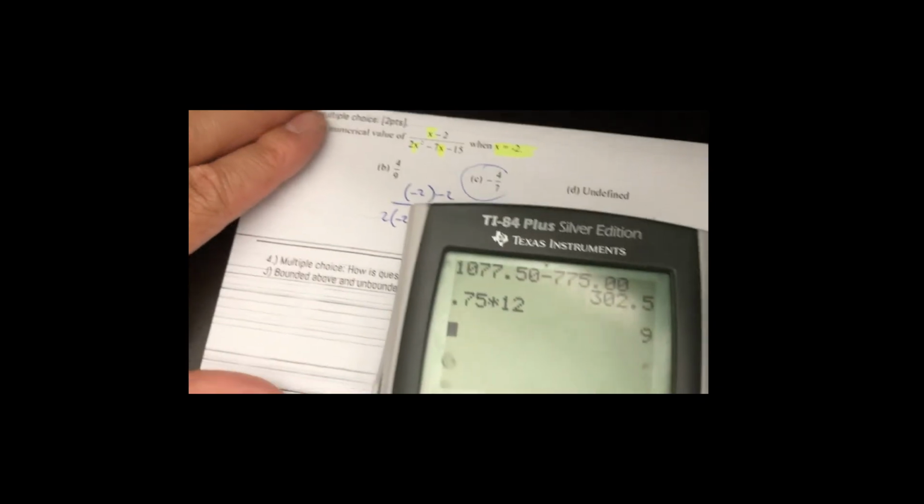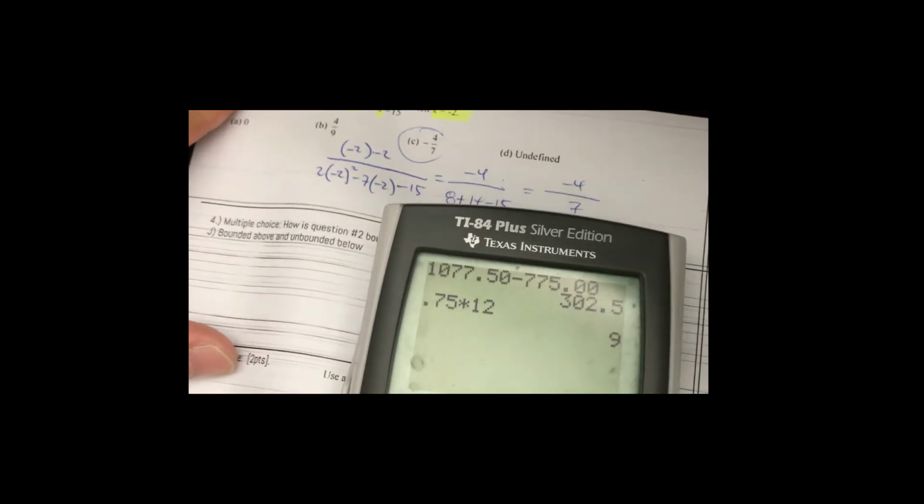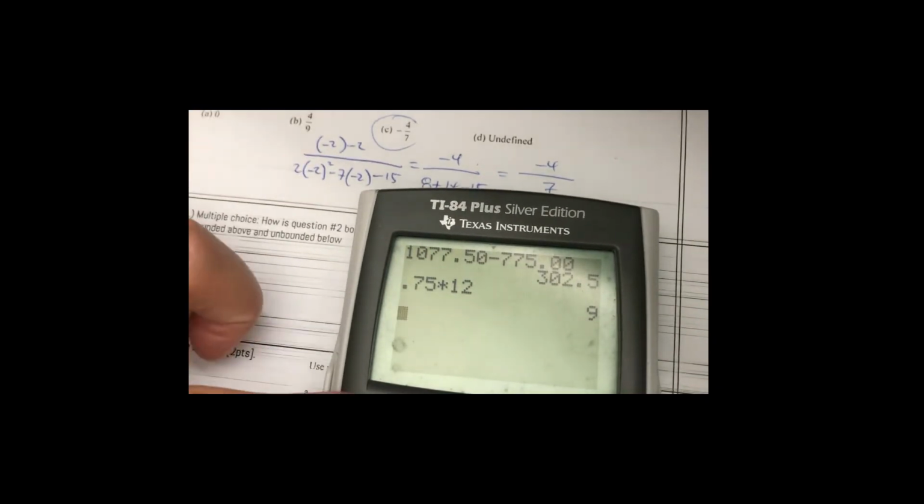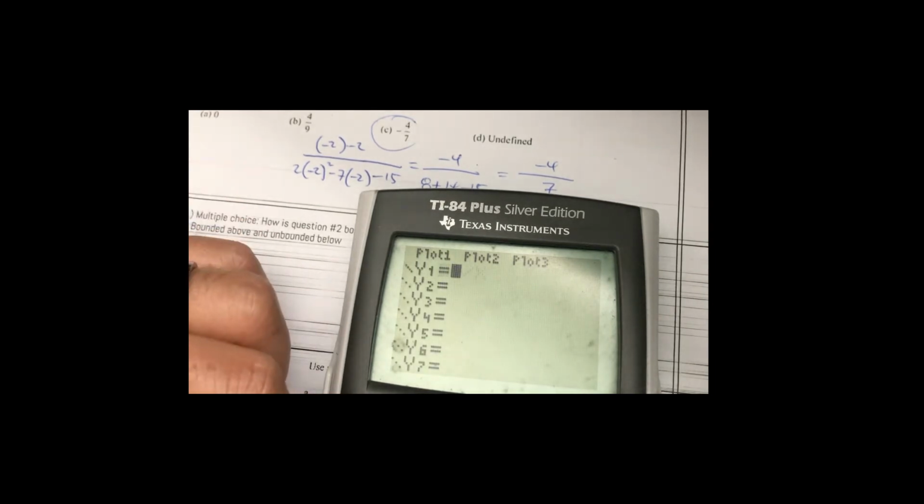Now to check your answer, you could have just put that into your calculator. See if I can show you. Put that into my calculator.